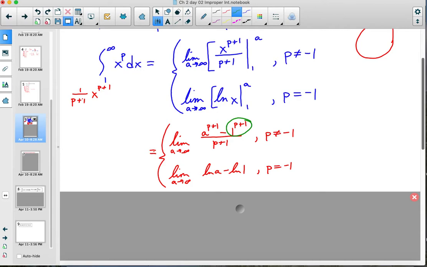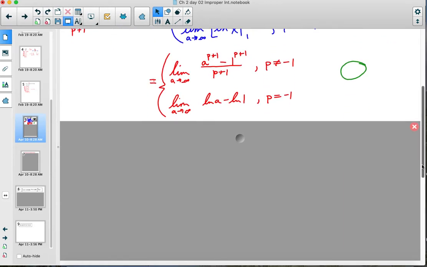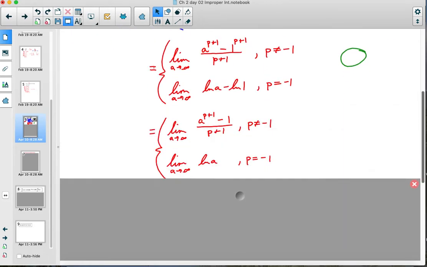So that'll simplify just to a to the p plus 1 power minus 1, all over p plus 1. And remember, this is when p is not equal to -1. And then for the other one, we're going to have the natural log of a minus the natural log of 1, and we know the natural log of 1 is just equal to 0. So if I simplify this yet further, here's where we're at.